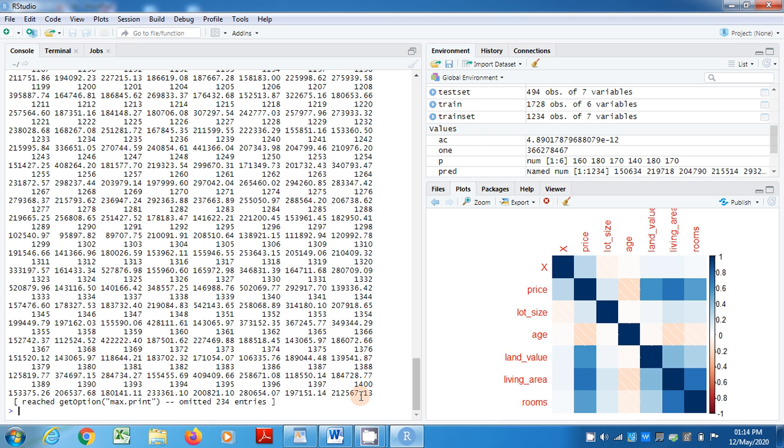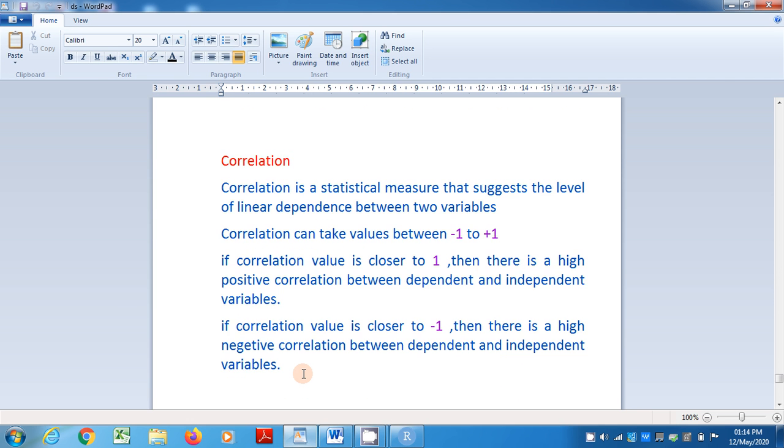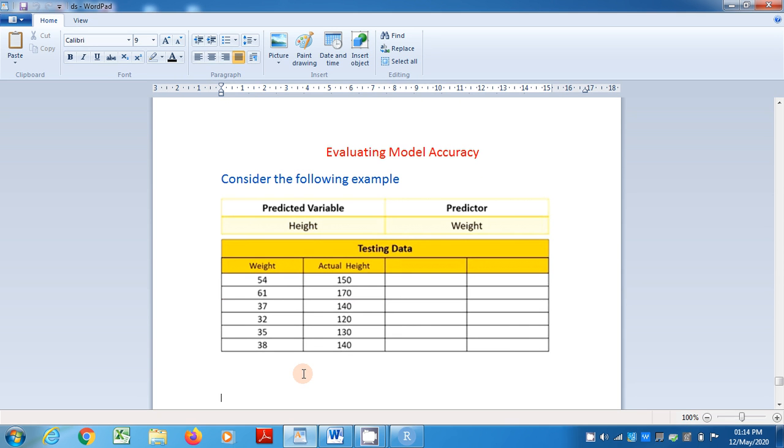So for accuracy, we will see how to calculate the accuracy of a function. For that, I'm taking an example here. We cannot explain with a huge amount of data, right?